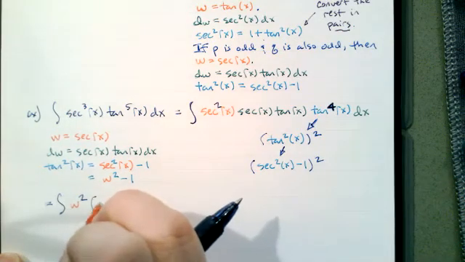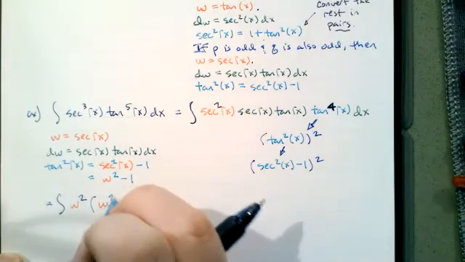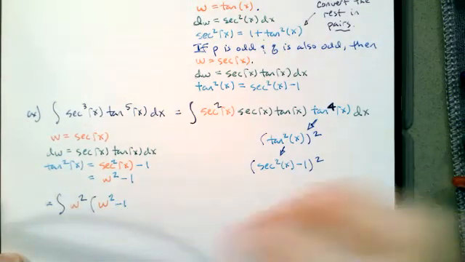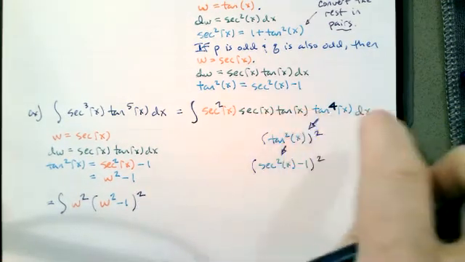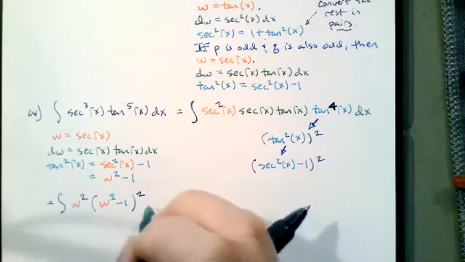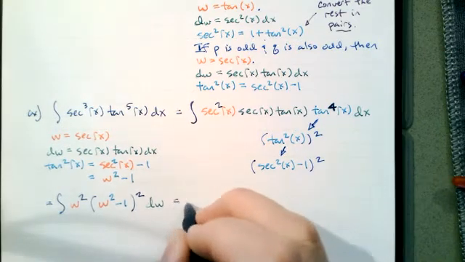Secant is w. And then the secant x, tangent x, and the dx all become dw. And that's what we wanted: an integral in w only. Everything is accounted for, all the powers of secant and all the powers of tangent.